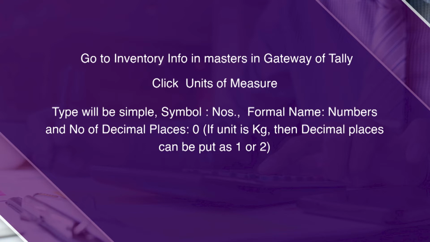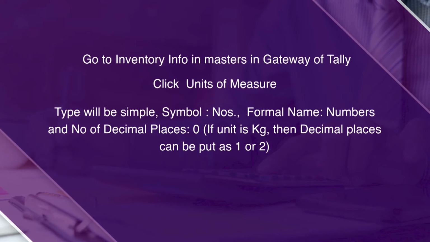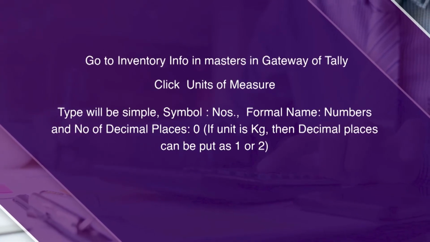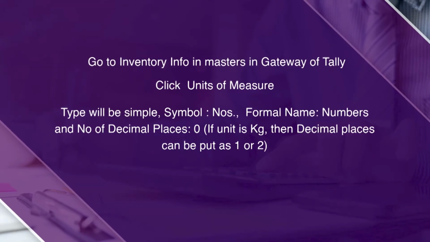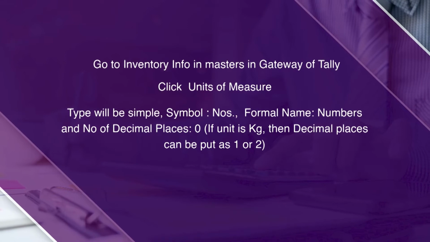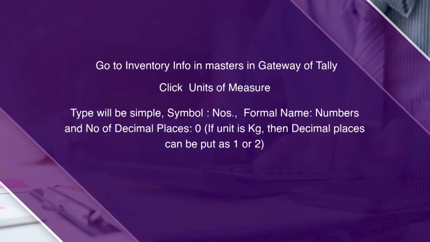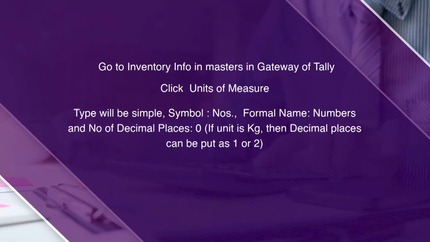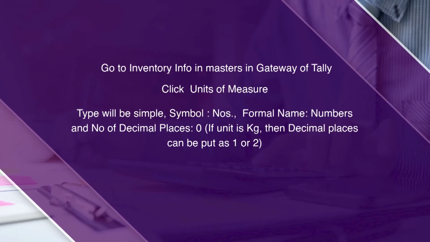So symbol as NOS dot, formal name as numbers, and number of decimal places is 0, as units cannot be in fraction in case of number. Either there will be one item or there will not be any item. There can't be 4.5 item. In case you are measuring it in kgs, then you can put decimal places say up to 1 or 2 as per your requirement.